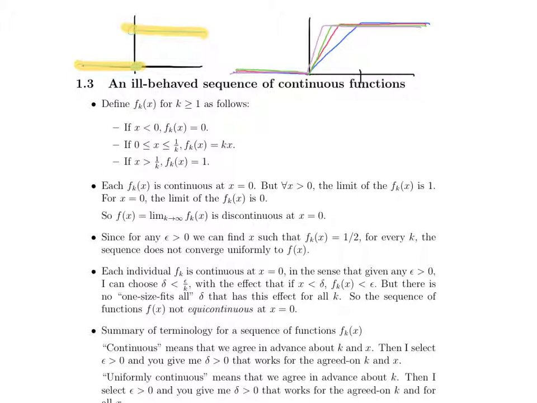And so that's why the same delta epsilon partnership doesn't work across all of the different functions, because as k increases, as you're looking at higher and higher f sub k's in the index k, you're seeing larger and larger oscillations of the function over that interval delta near 0.